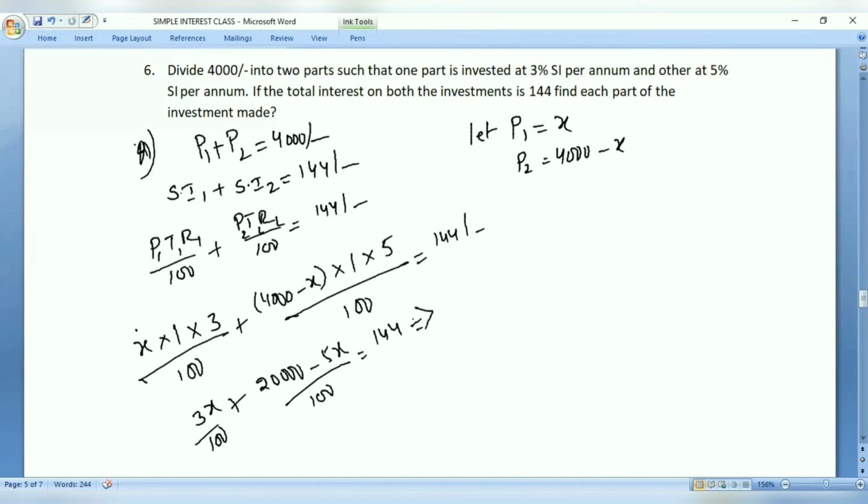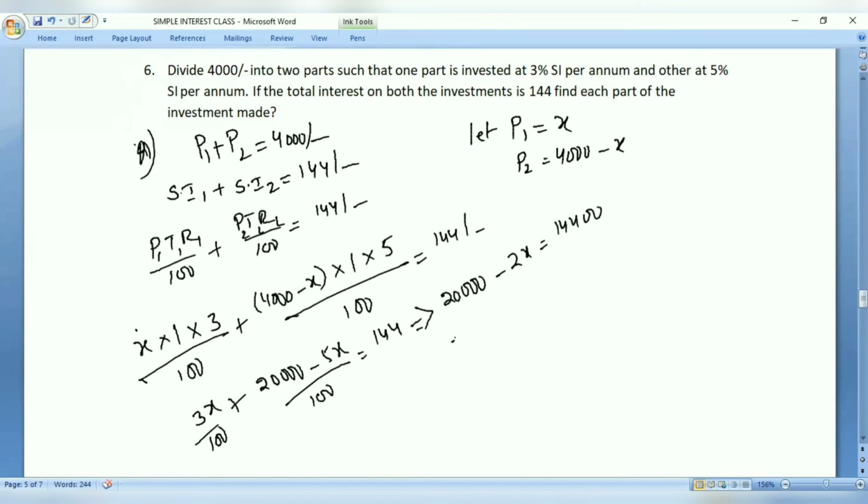Now, if you take LCM and solve the question, 100 will be the LCM. So 3x minus 5x is, so 20,000 minus 2x equals to 14,400.